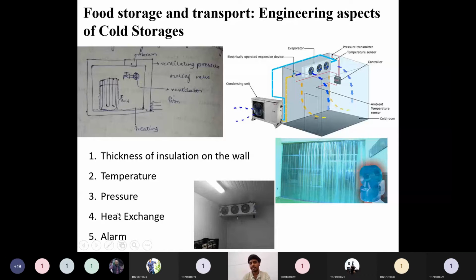Then heat exchange: in order to stop the heat exchange between inside and outside, suitable strips need to be provided. Then alarm: in order to have some idea about what is going on inside, we have to provide some audible or visible alarm. So these are the aspects which we need to consider in designing the cold storage.